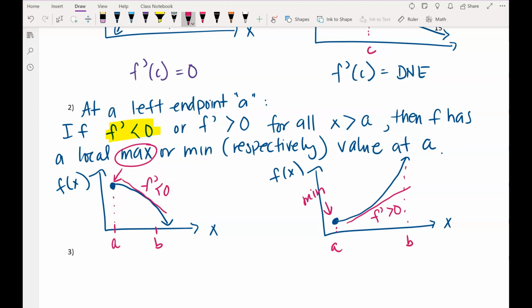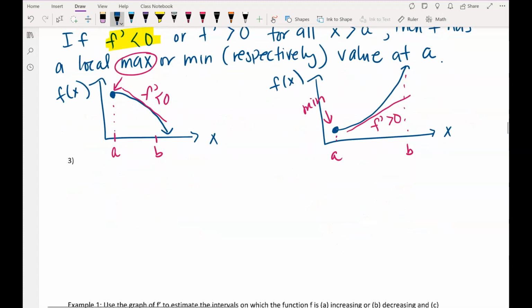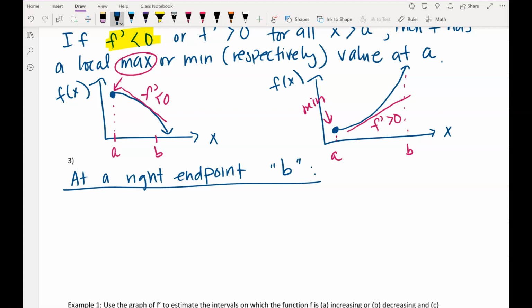All right, 3. At a right endpoint, call it B. Okay. If, let's draw this. There you go.